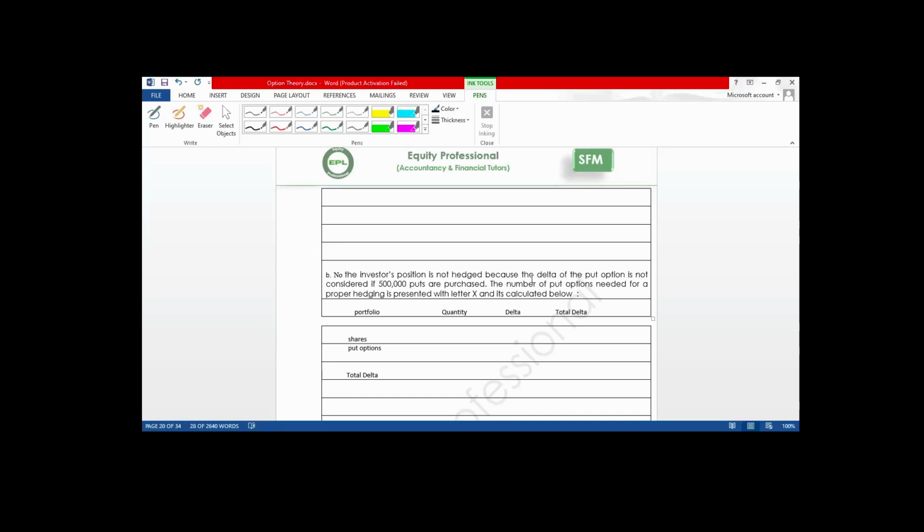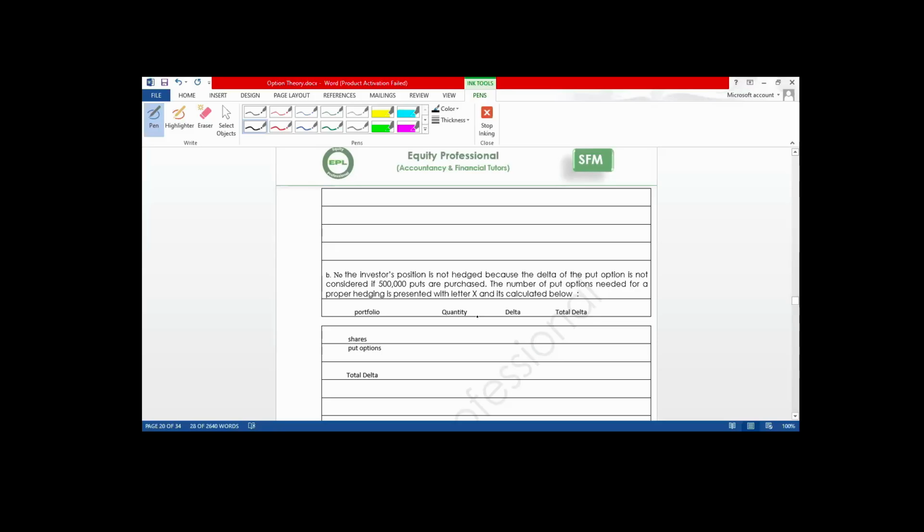If you have followed this topic, we started 3 weeks ago, we explained delta hedging. We are going to create a portfolio of assets and put options. The asset is the shares.